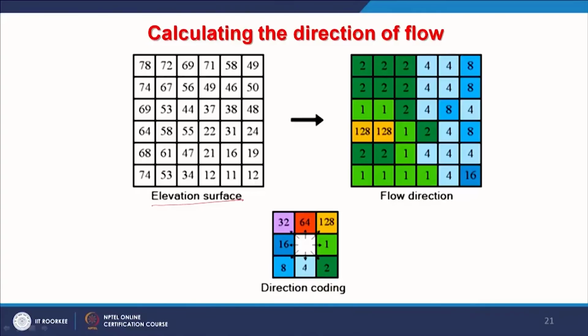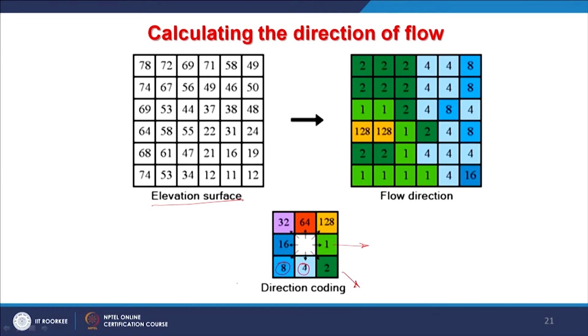Here we have an input digital elevation model, a 3 by 3 kernel and a coding system. For each direction we have a code, 1. Though it is a number, it is a code, which means we will not do any arithmetic operations over these codes. For the southeast direction the code is 2, for the south direction the code is 4, and for southwest direction 8, and likewise.